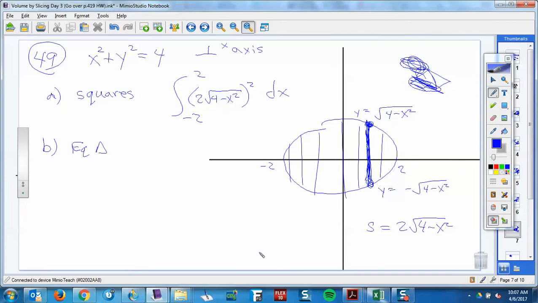The base is 2 square root of 4 minus x squared. It's the same thing that s is, right? It's that strip. And so our integral is from -2 to 2 of root 3 over 4 times 2 square root of 4 minus x squared dx. In other words, it's the same exact one, just with a root 3 over 4 out in front.